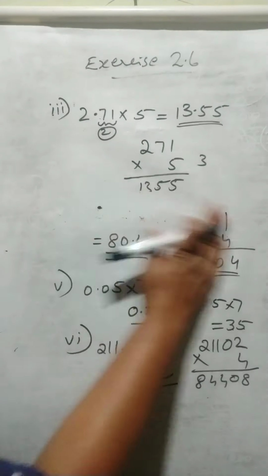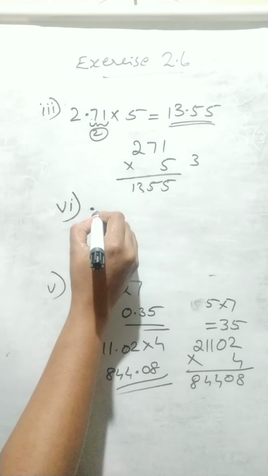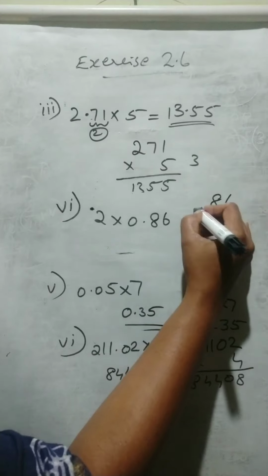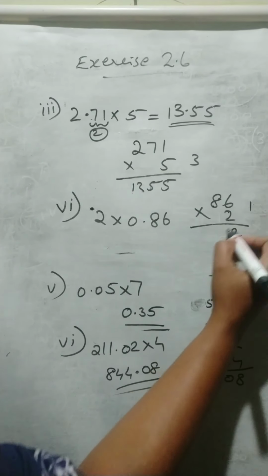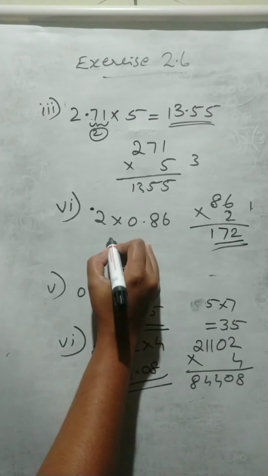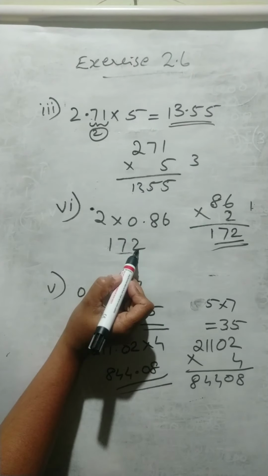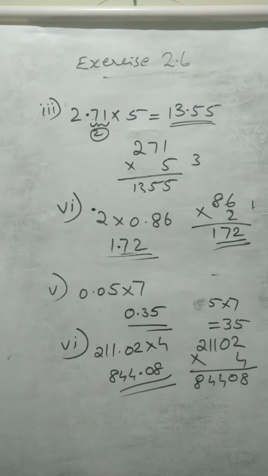Then the seventh question is 2 times 0.86. That is 86 multiplied by 2. 2 times 6 is 12. Then 16 plus 1, 17. So 172. Here 2 decimal digits are there. So 1.72 is the answer. Clear?